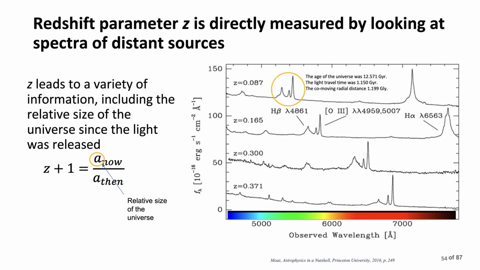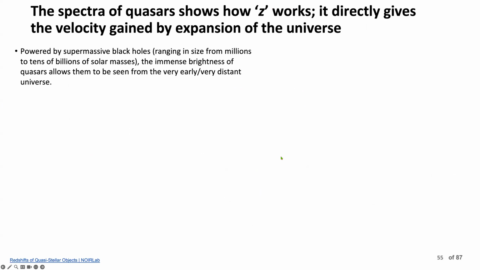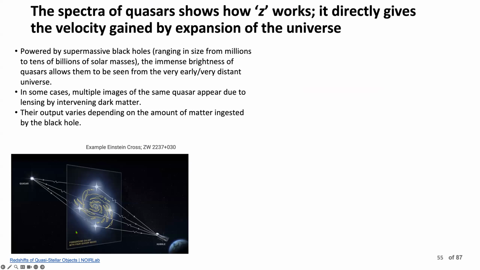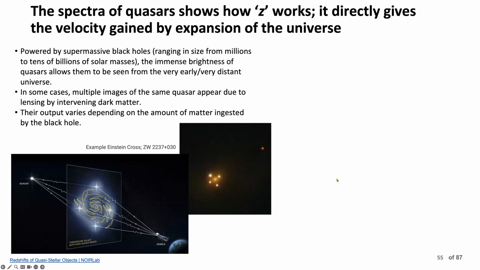And because we have what we think is a reliable model of the expansion of the universe, if we know the velocity, then we know the current distance to that object. And so on some of these graphs, I've added that information. So quasars, I've already described what a quasar is. Here's that drawing I showed you before, the so-called Einstein cross.